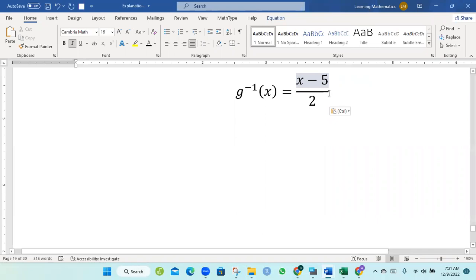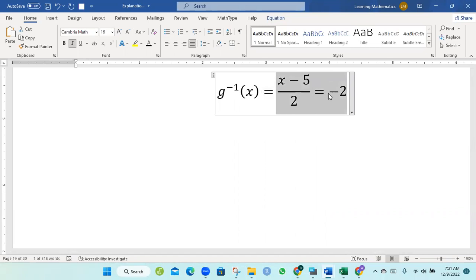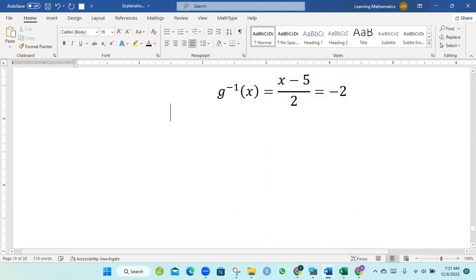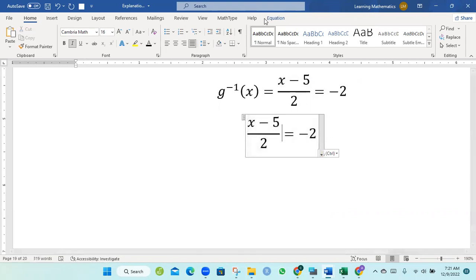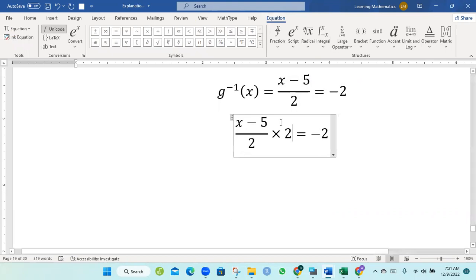So consequently, x minus 5 over 2 is equal to negative 2. So now we can use this to solve for x. What we need to do is cancel out the 2 by multiplying by 2 on both sides. So if you multiply by 2 on the left, we have to multiply by 2 on the right.